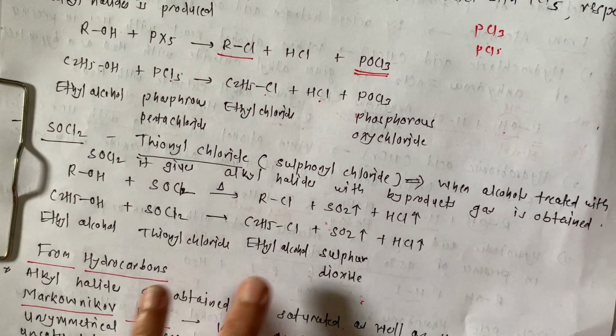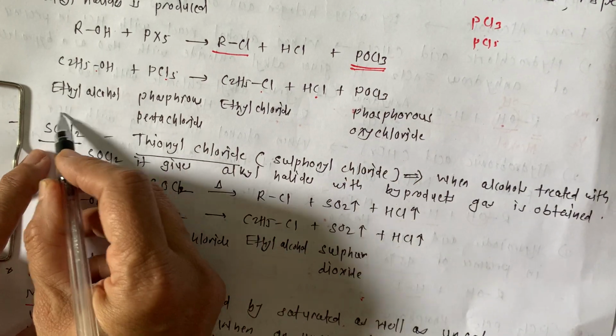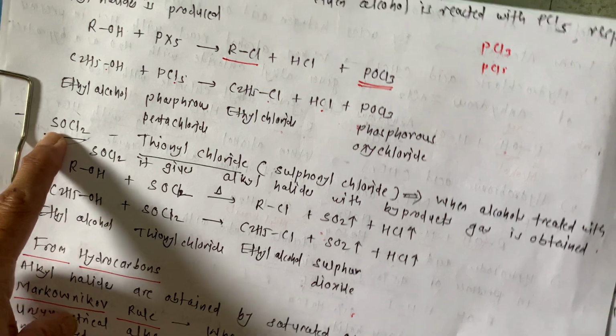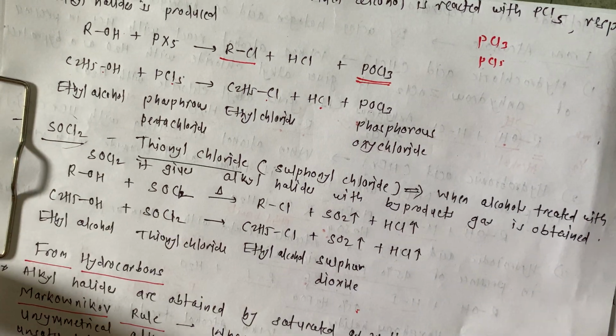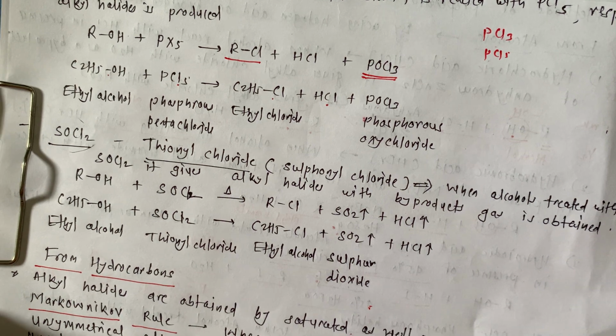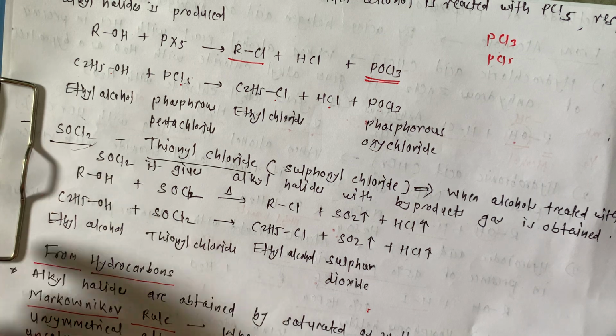Next one is the reaction with thionyl chloride. The name for this compound is thionyl chloride. There is a sulfur and oxygen. Okay, so this is known as thionyl chloride.